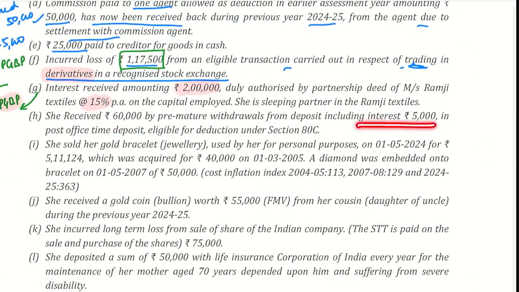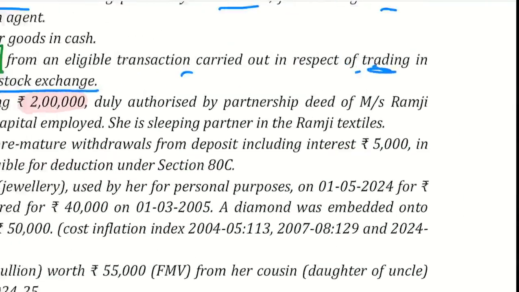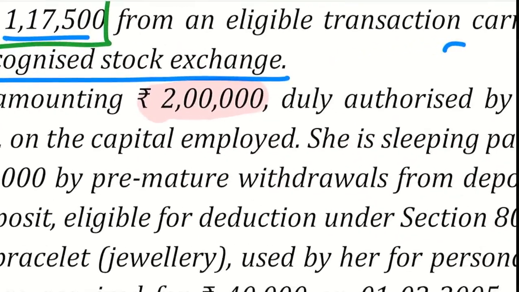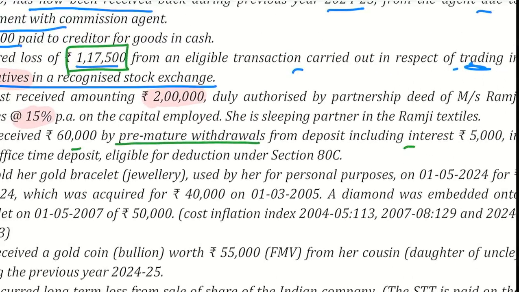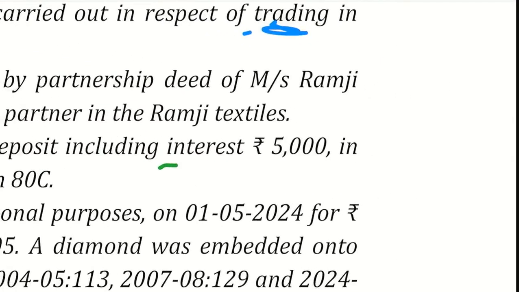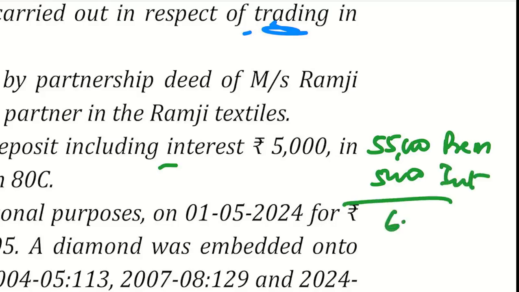Please remember, guys, it is a premature withdrawal. She received 60,000 including interest. So total is 60,000. So 55,000 is premature withdrawal and 5,000 is the interest. Total she received 60,000.